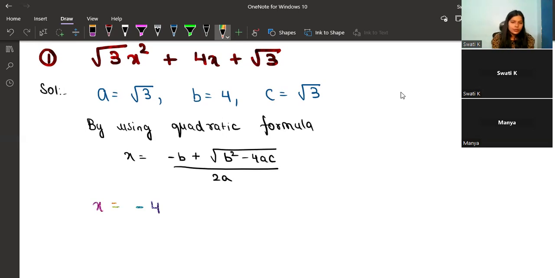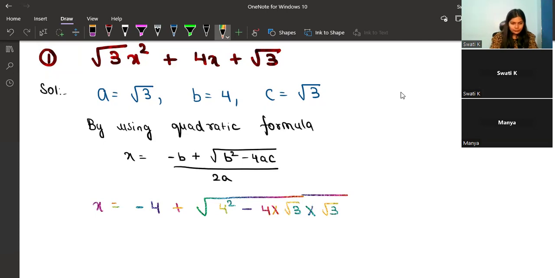So it's minus 4 plus root, we will write b square, 4 square, minus 4 times a, which is root 3, times c, which is root 3.